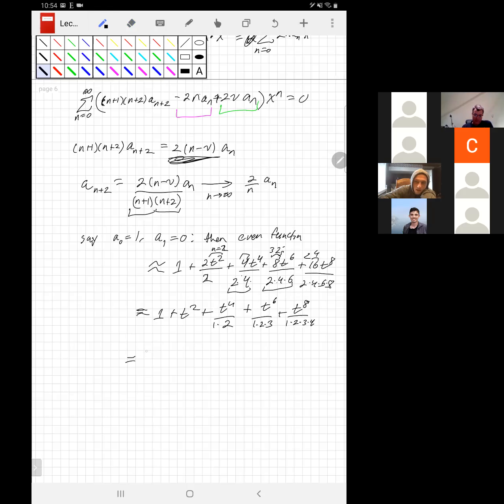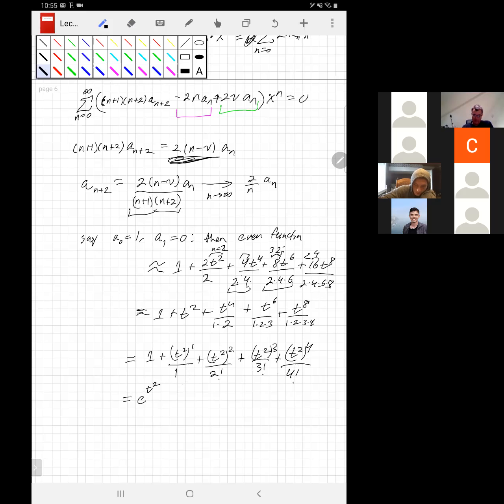Yeah, it looks to me like the exponential of t squared, because I've got 1 plus (t squared) to the power 1 over 1 factorial, plus (t squared) to the power 2 over 2 factorial, plus (t squared) to the power 3 over 3 factorial, plus (t squared) to the power 4 over 4 factorial. The reason it's not a cosine is because things aren't alternating. So it looks like e to the t squared.